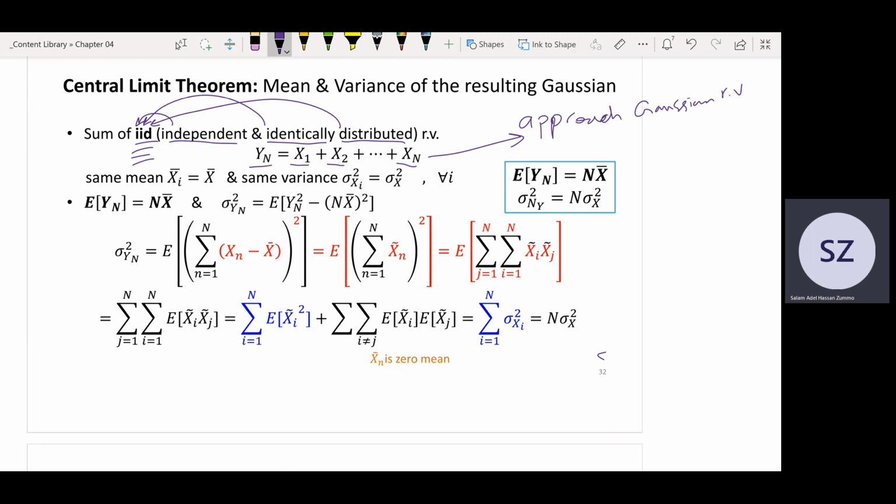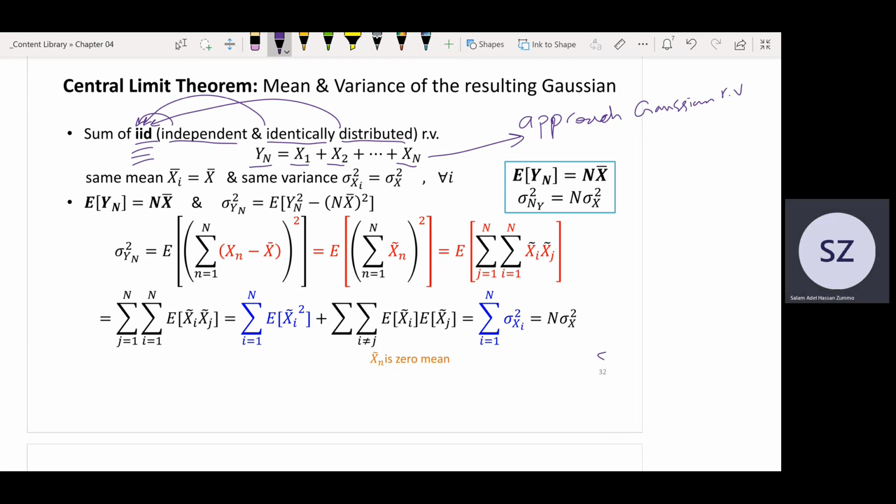So for yn, if it approaches Gaussian, I will be interested in knowing the PDF of yn, which means knowing its mean and its variance. And this is what we're trying to do: we try to quantify the mean and the variance of yn, because if we know them, then we know the distribution of yn.